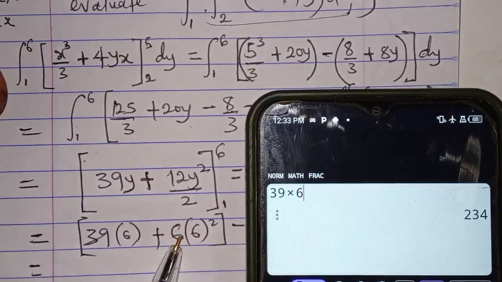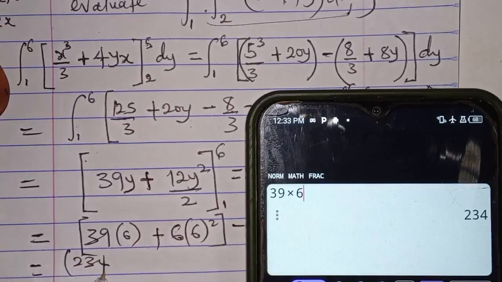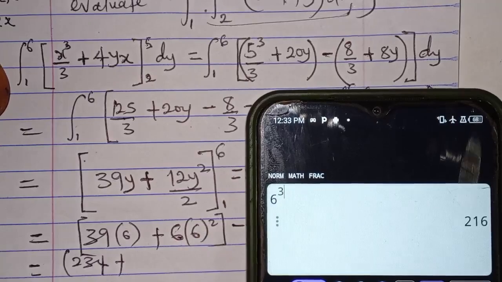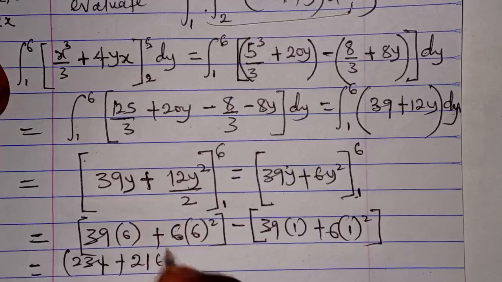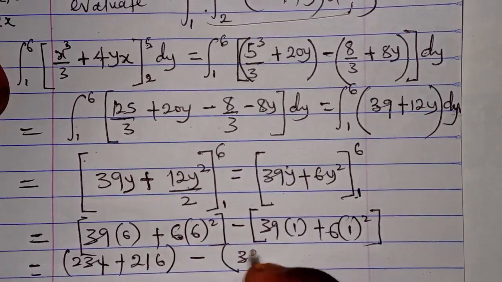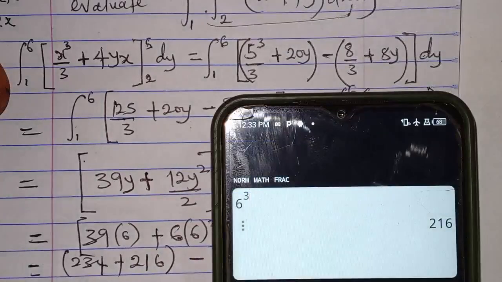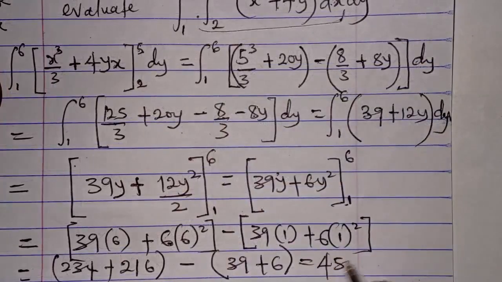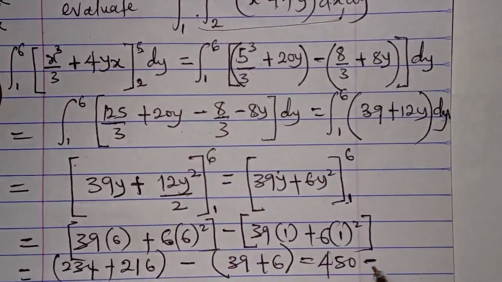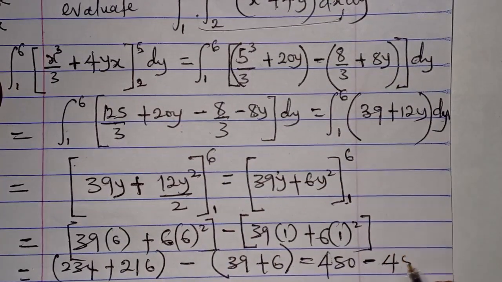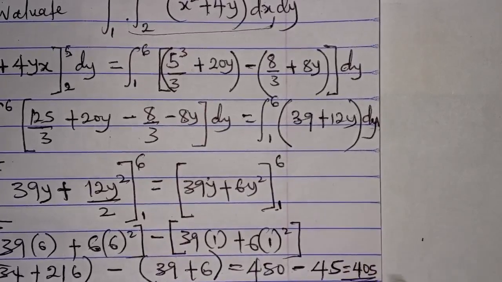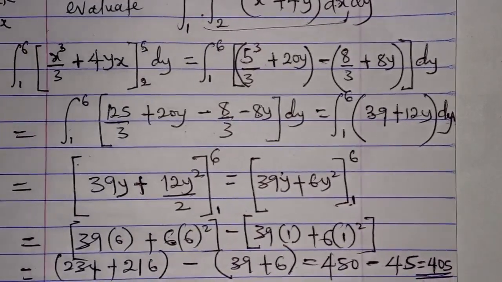And 6 times 6 squared is 6 to the power of 3, that's 216. Minus 39 plus 6. 234 plus 216 is 450. So we have 450 minus 39 plus 6, which is 45, and this will give us 405. So this is the value of the double integral.